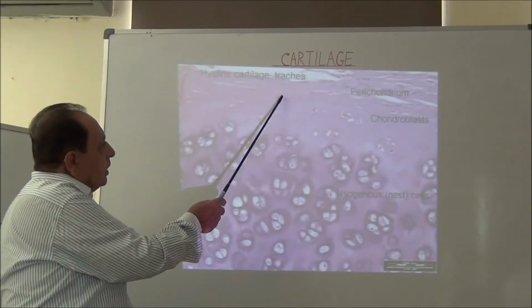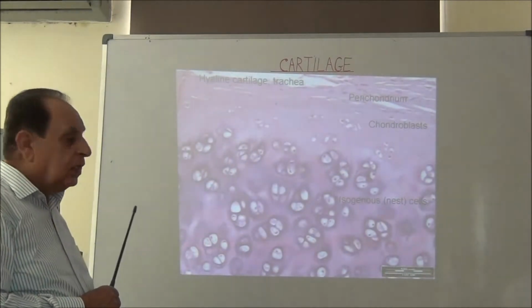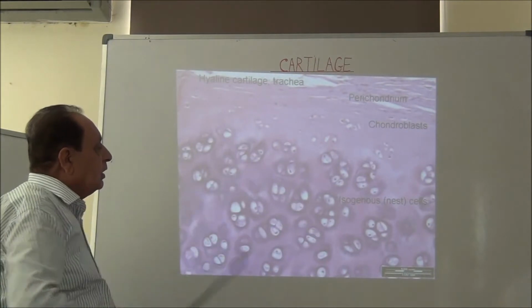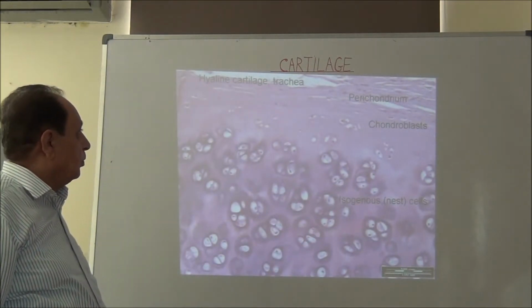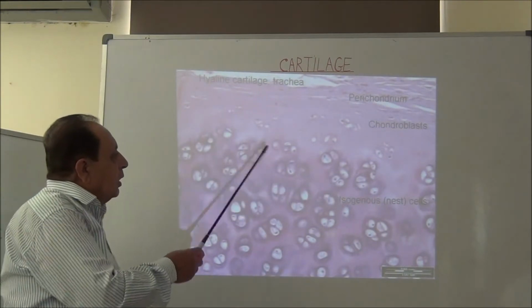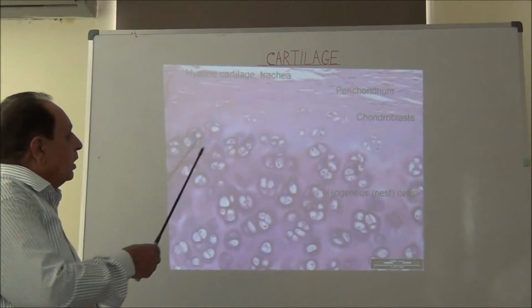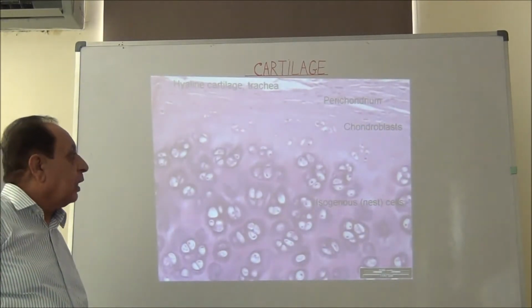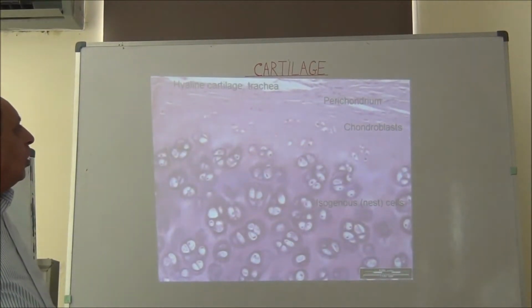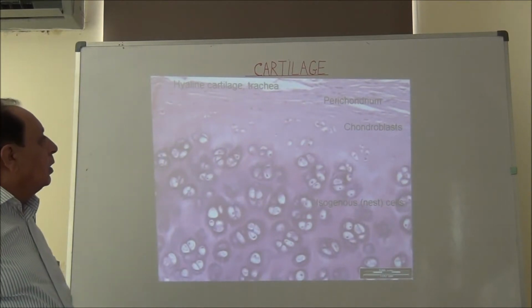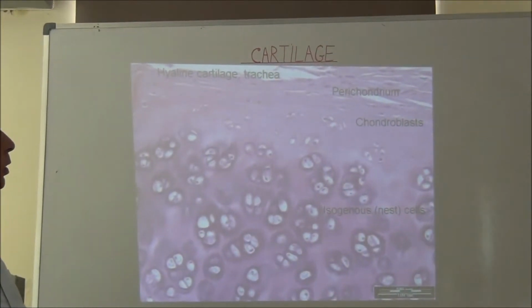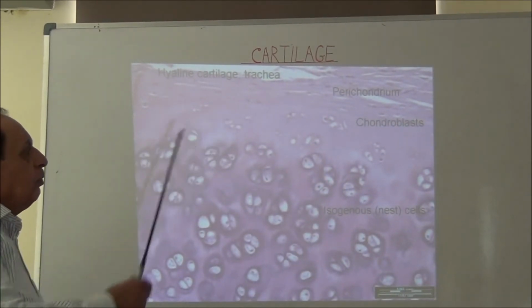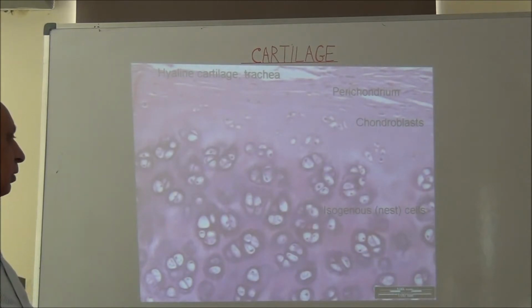But as these cells move toward the central region, they become rounded, having a nucleus in the center. Now, the fibers of the hyaline cartilage, mainly the collagen fibers, are formed by the chondroblasts.